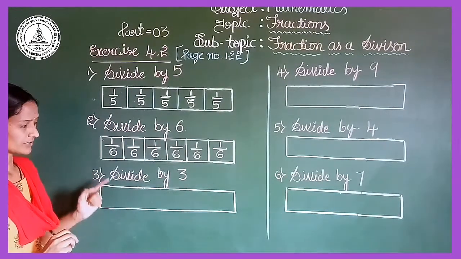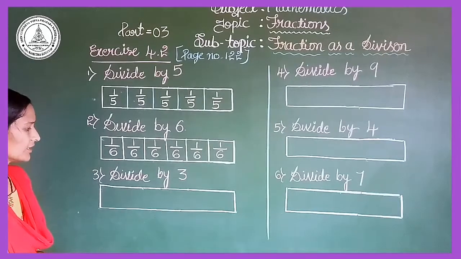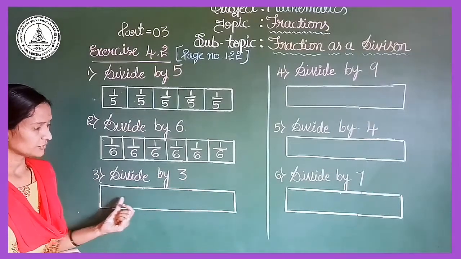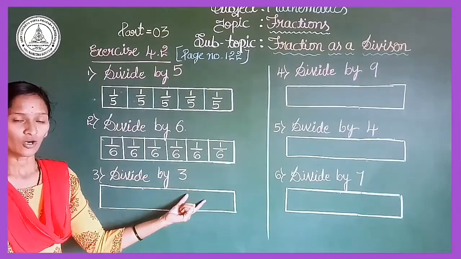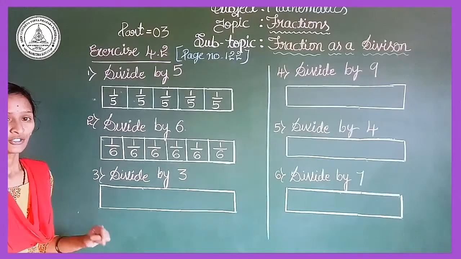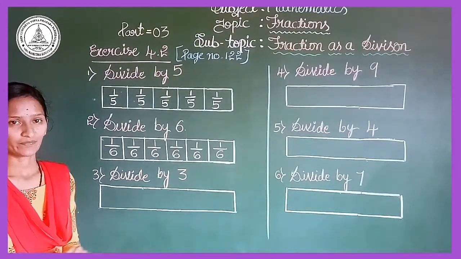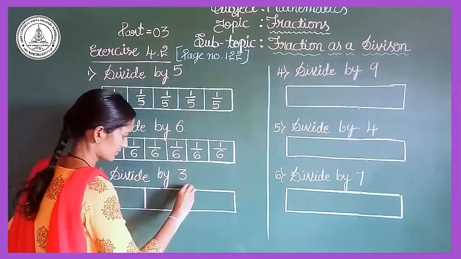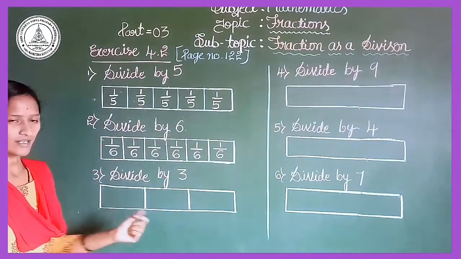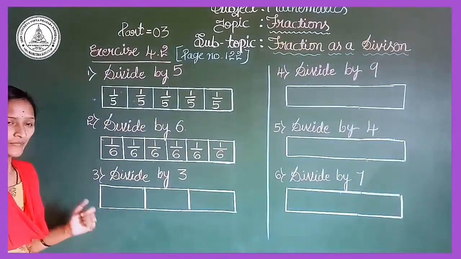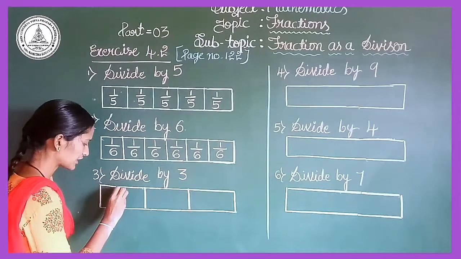Okay. Now come to the third one. Divide by 3. So you have to divide it into how many parts? 3 parts. By using your scale, divide it equally. How many parts are there? 1, 2, 3. Okay. So write it as a fraction.